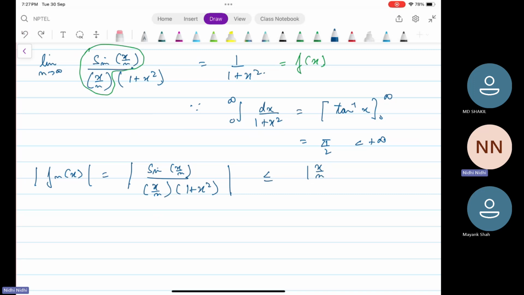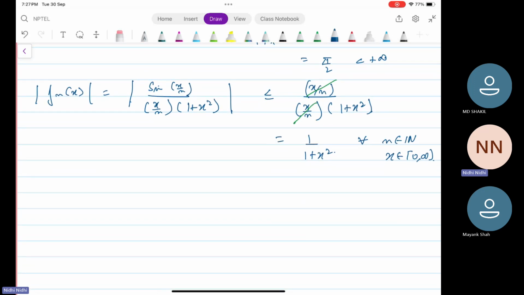For positive x and positive n, let's not take the mod, it's the same: x by n upon x by n times 1 plus x square. So this will get cancelled out. This dominating function will also be 1 upon 1 plus x square, and this is happening for every n in N and x in 0 to infinity.